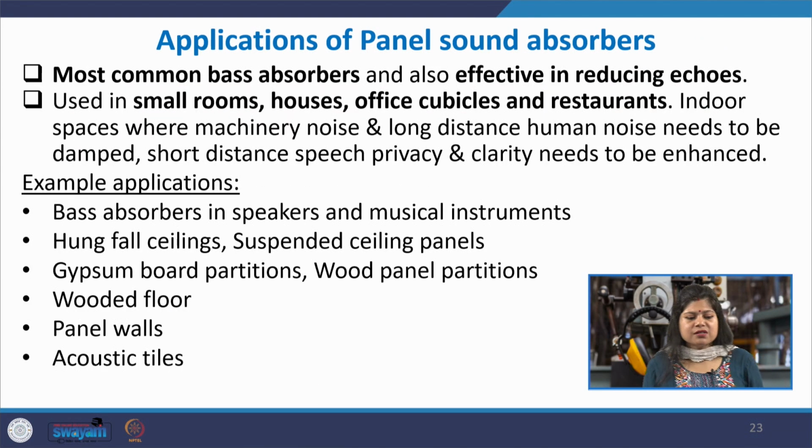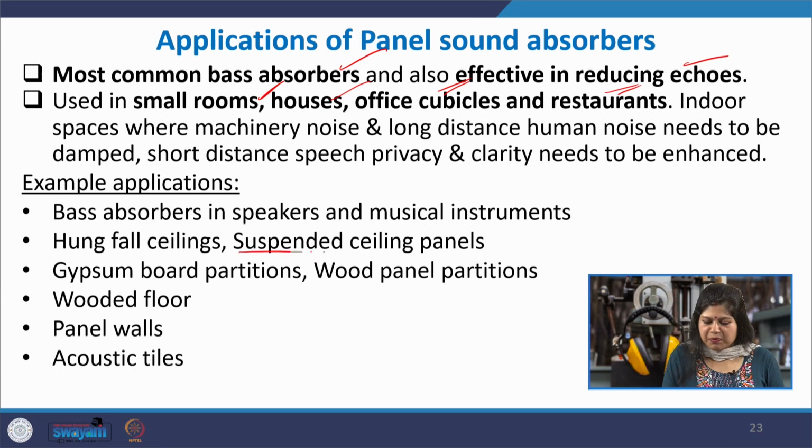Some applications: the panel absorbers are the most common bass absorbers, effective in reducing most of the echoes, and specially used in indoor spaces like small rooms, houses, office cubicles and restaurants, where you can find them in the form of suspended ceilings, hung false ceilings.